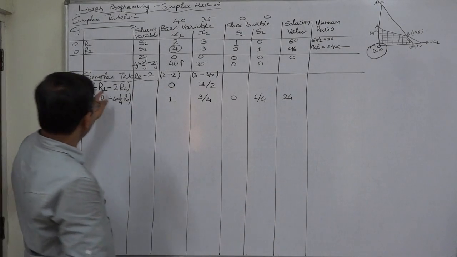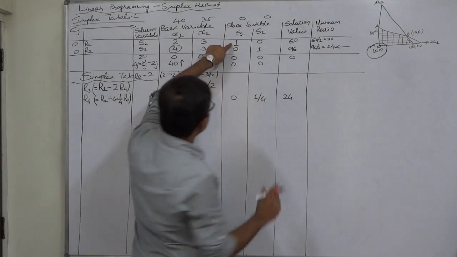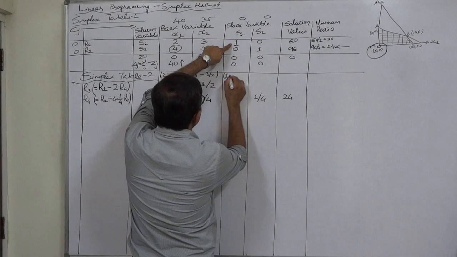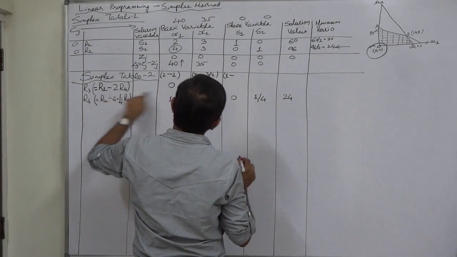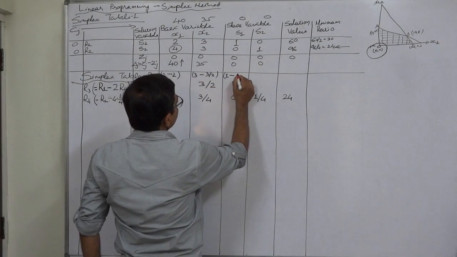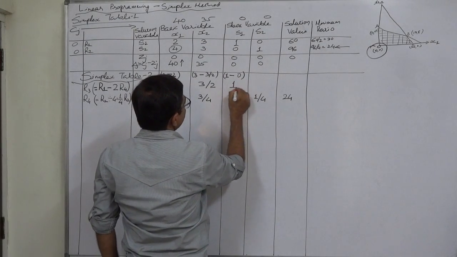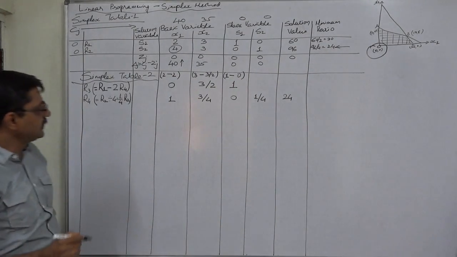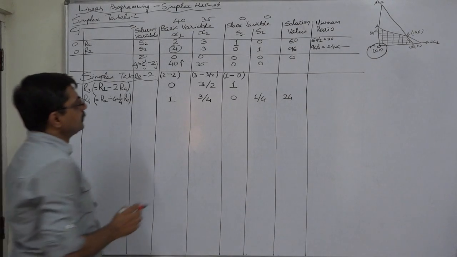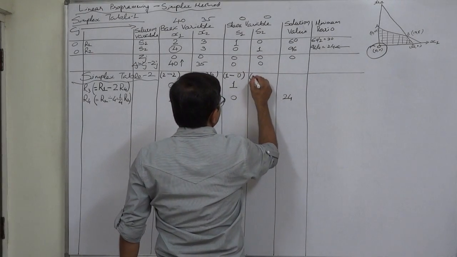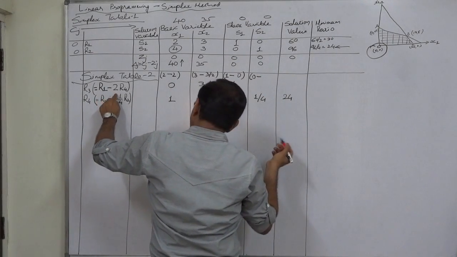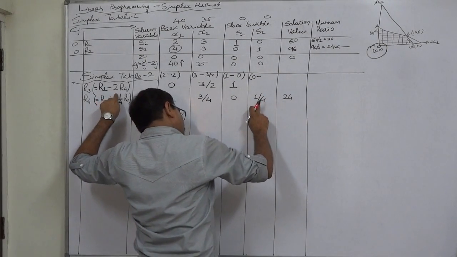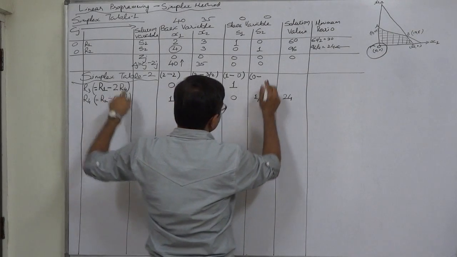Now in R1, in this column there is 1, minus according to the formula 2 into R4, that means 2 into 0, which is 0. So 1 will be here as it was in row 1. R1 is 0 here, minus according to the formula 2 into R4, which is 1 by 4, 2 into 1 by 4 means 1 by 2.